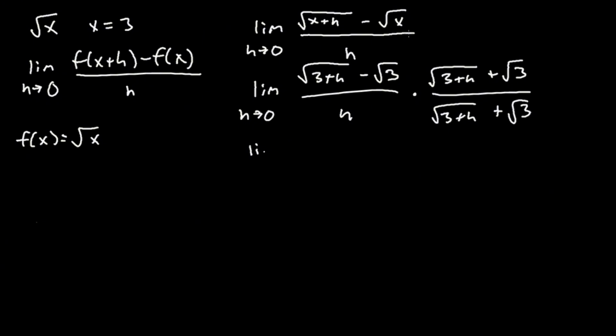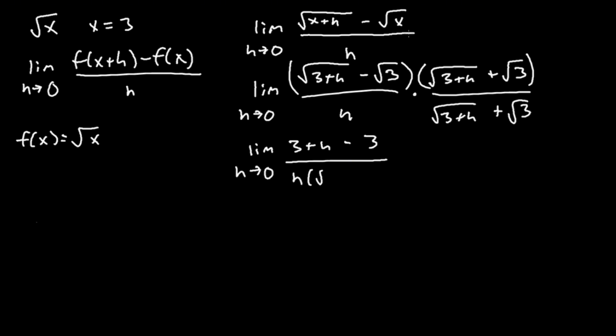So once we do that, we should get the limit as h approaches 0. Work on your algebra by multiplying these two functions together using FOIL. Once you do that, you should get 3 plus h minus 3, over h times the square root of 3 plus h plus the square root of 3.